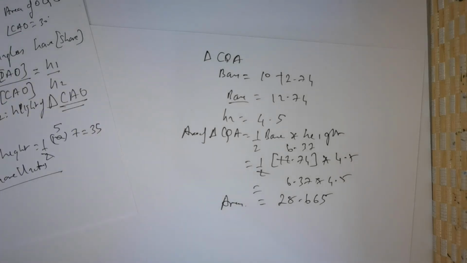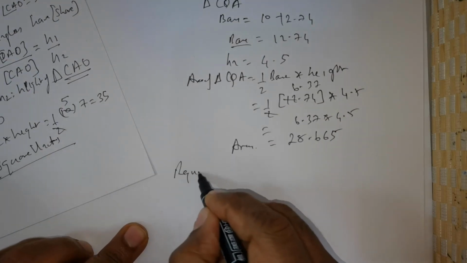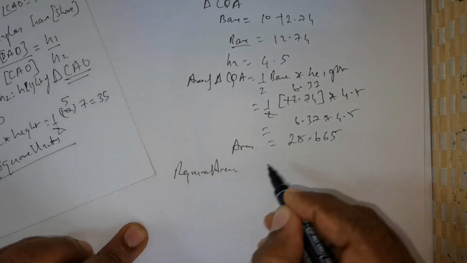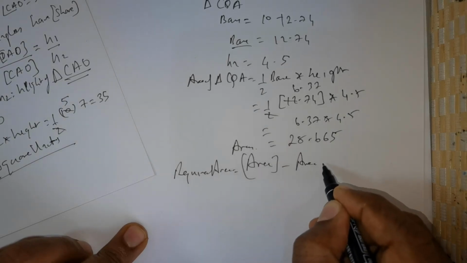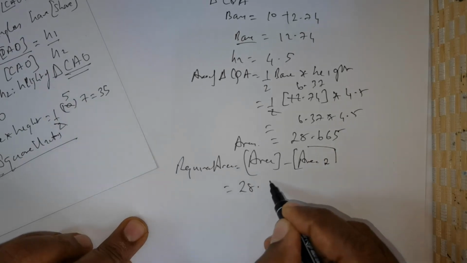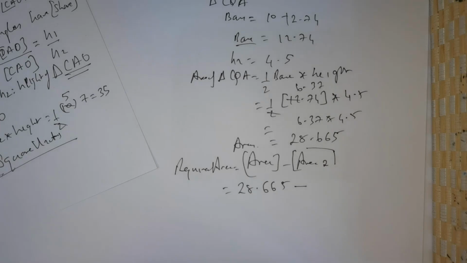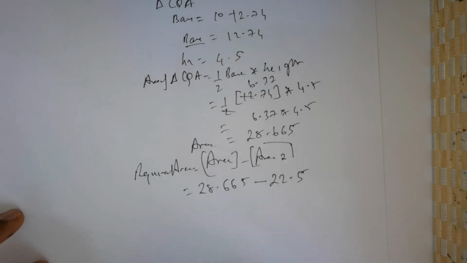Now from this area I subtract the area of the second triangle, which is 22.5.